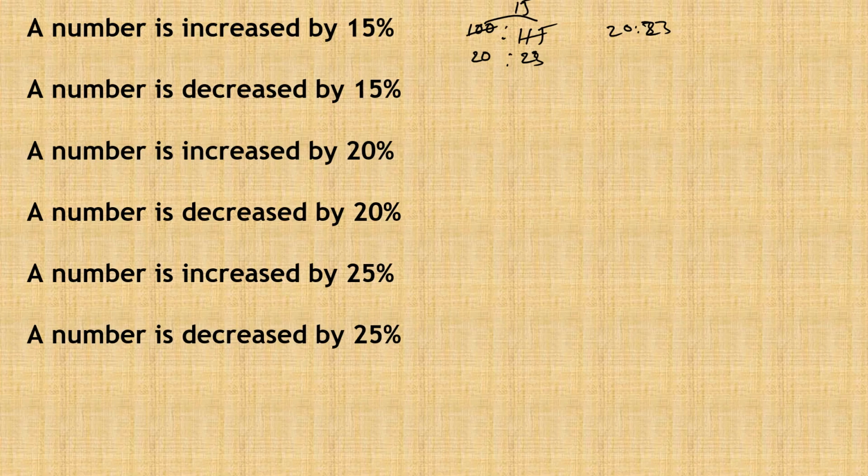When a number is decreased by 15%, that means it was 100 and decreased by 15, that is minus 15, it reaches 85. 5 20s are 100, 5 17s are 85, then the ratio is 20:17.